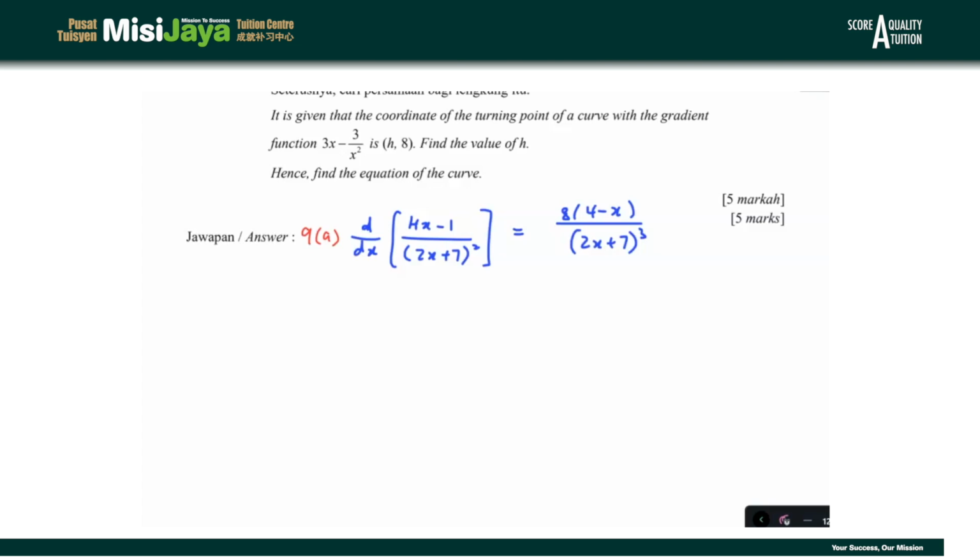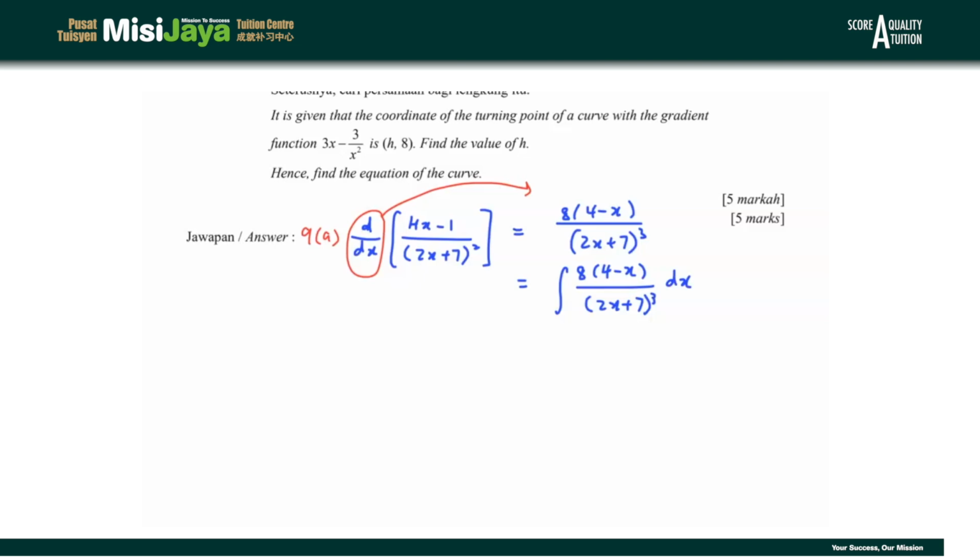Here, when I move the d dx over to the right hand side, it becomes integral. So I have to put an integral sign over here. So integral sign, 8 bracket 4 minus x over 2x plus 7 whole thing cube, and then put a dx here.